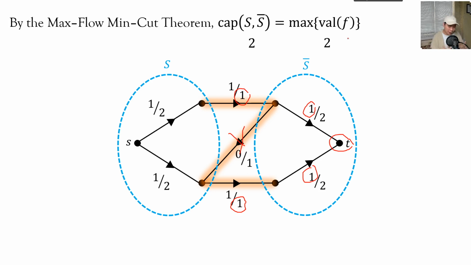Therefore, this should give me a maximum flow. The capacity of my cut is equal to the value of my flow. Since these are the same, my flow F must be a maximum flow. In other words, I can no longer improve this flow based off the capacities and constraints that we were given.